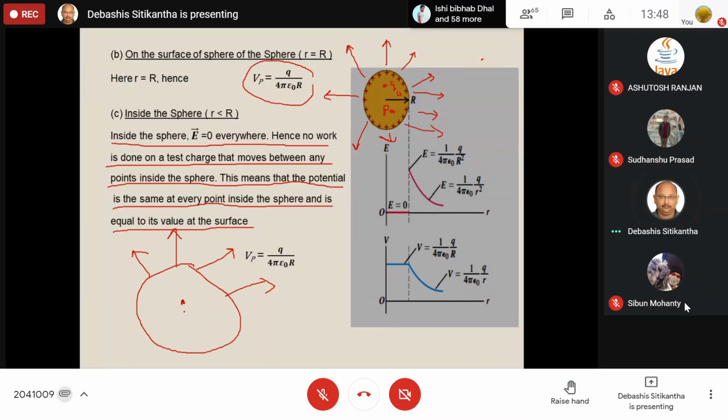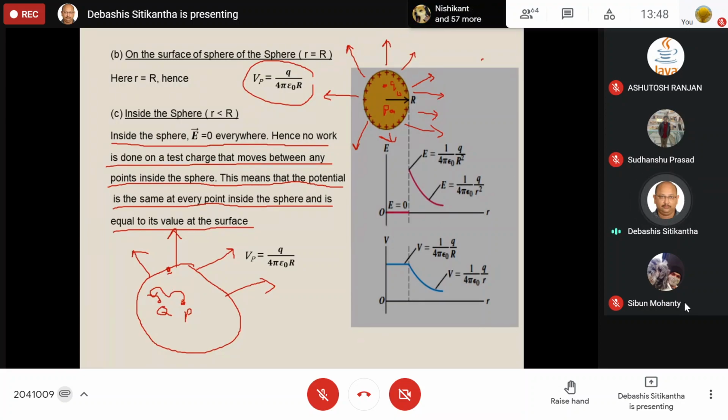Now, if this is a point P and there is a point charge over here at the surface, the electric field from this point is the same as that over here, because inside there is no electric field. But the potential over here and the potential over here are both going to be the same, because moving a charge from this point to this point following any path results in zero work. So the potential difference is zero, but the potential is not zero.